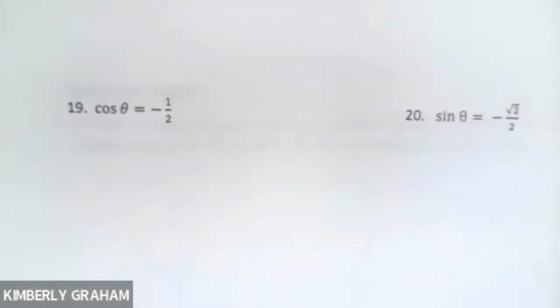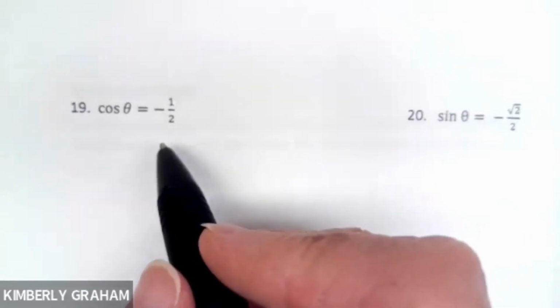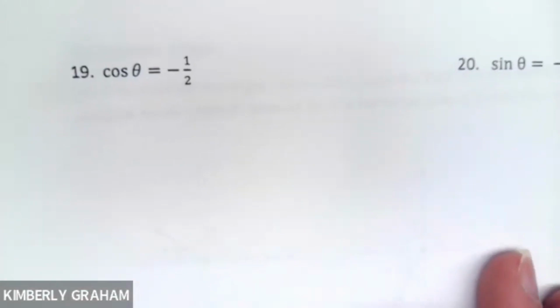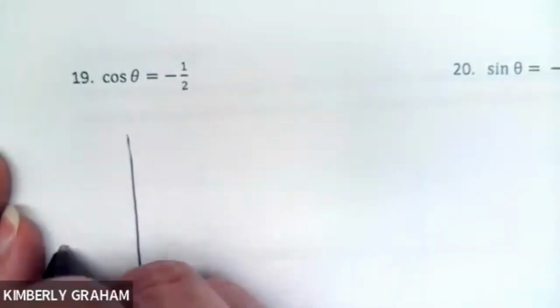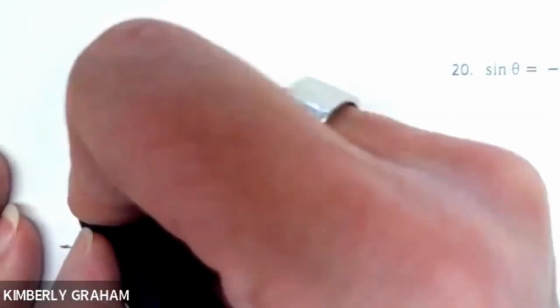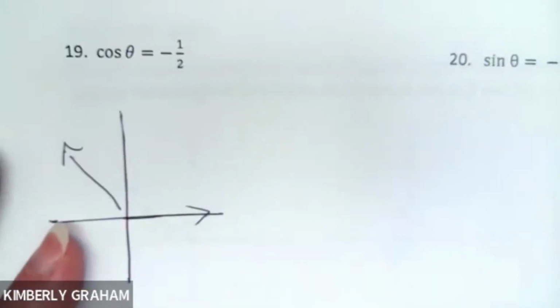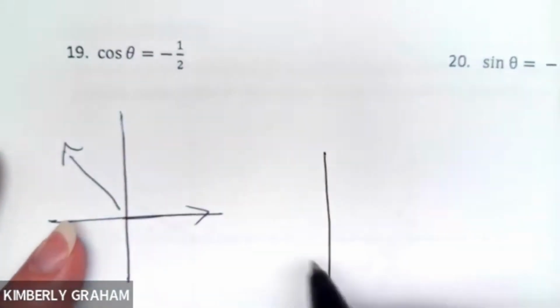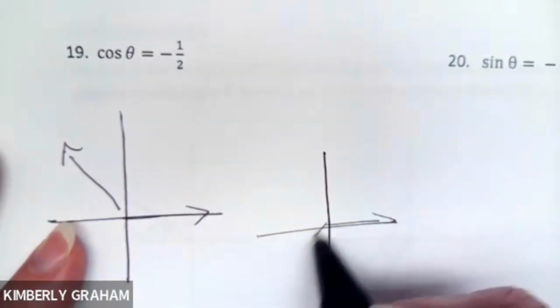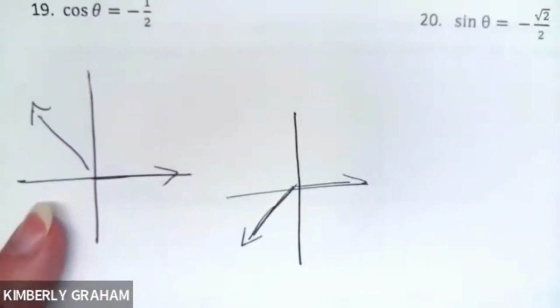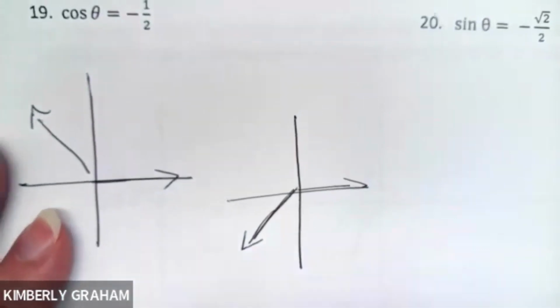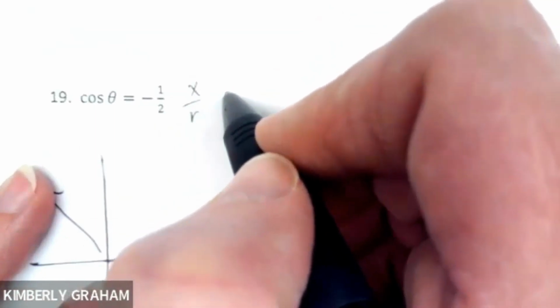Is your cosine associated with the x value or your y value? X. If I want this cosine to be negative, I'm looking at where my x values are negative. My x value is negative in quadrant 2, and also down in quadrant 3. This is x over r, so x is negative.